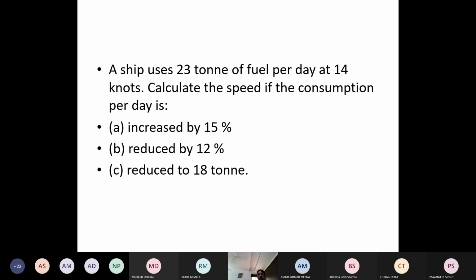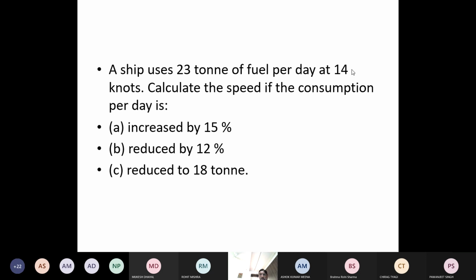A ship uses 23 tons of fuel per day at 40 knots. Calculate the speed if the consumption per day is increased by 15%, reduced by 12%, reduced to 18 tons. So we have daily consumption given as 23 tons per day at so and so speed.